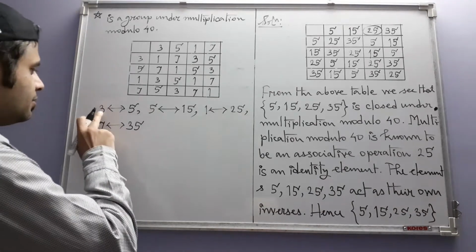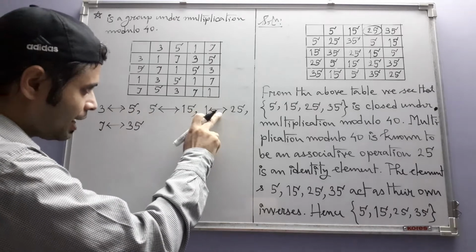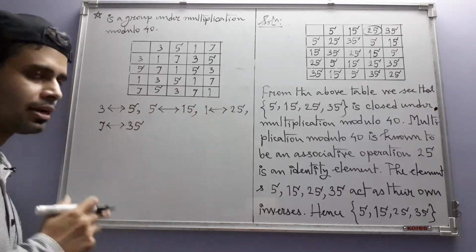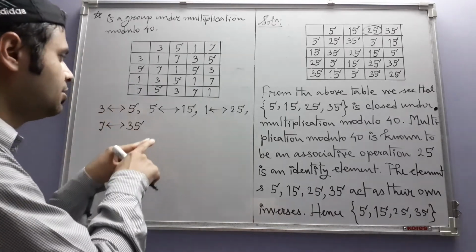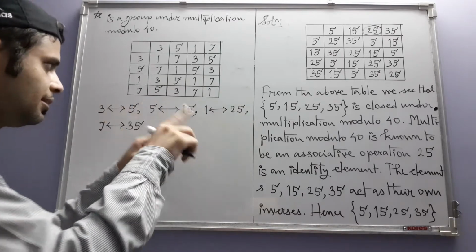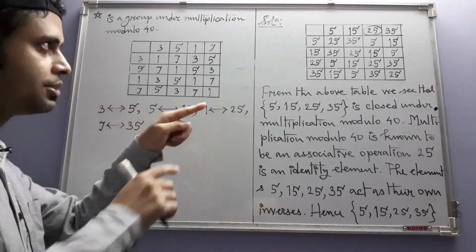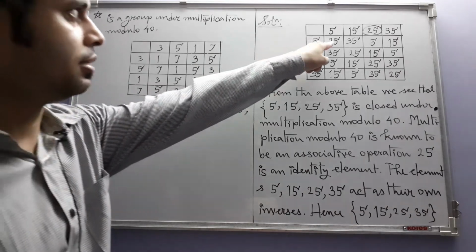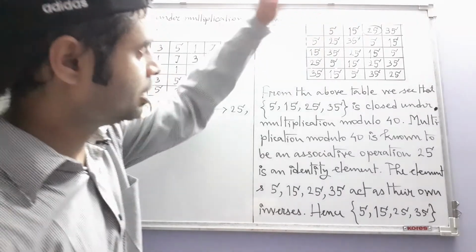Okay, but jokes aside, so we have this association is like a mirror, where if we are composing 3 with itself and getting 1, then in the mirror world, in that group, 5 is composed with itself and we are getting 25. So 3, 3, 1, 5, 5, 25.